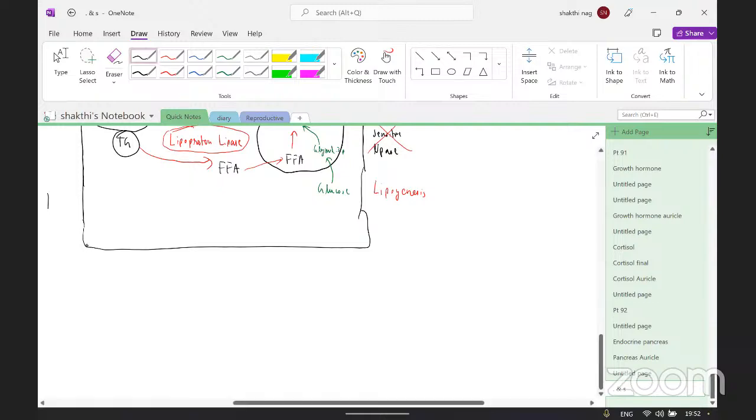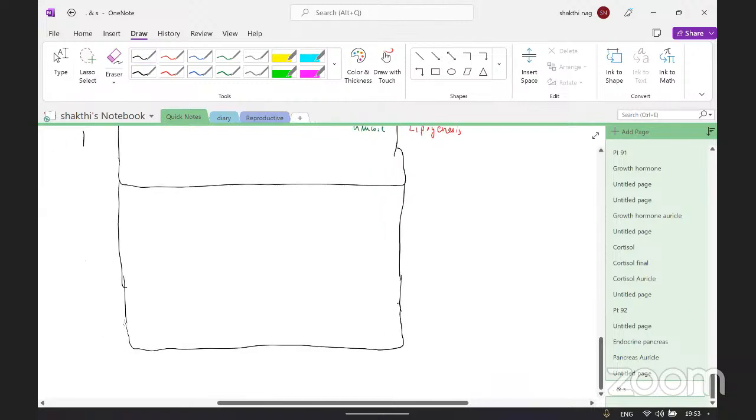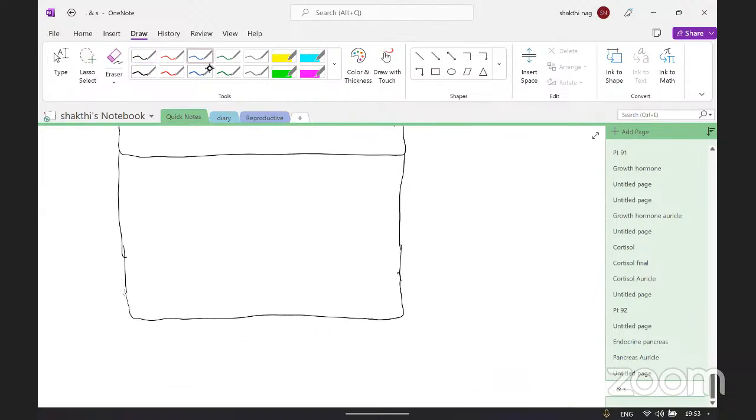This is also something insulin does. Now coming to your muscles. Muscle is majorly where your protein synthesis needs to take place. So here what happens? Amino acid comes in and is converted to protein. This is stimulated. On the other hand, protein catabolism to amino acid is decreased.